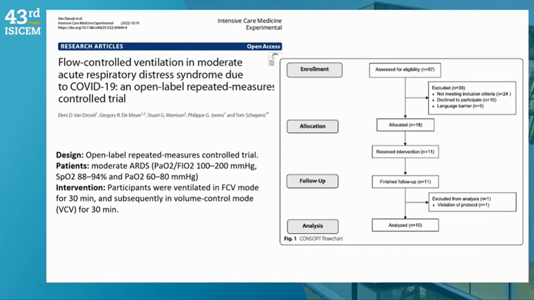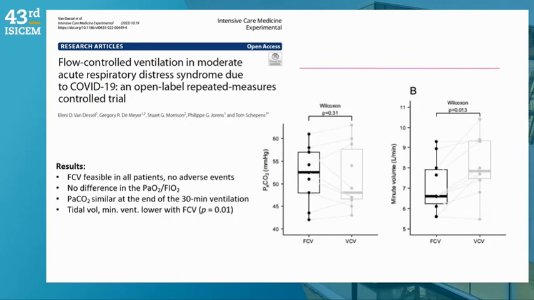Unfortunately, due to the nature of the method, you cannot use it for assisted ventilation. So it can be used only for patients who are absolutely passive. The population they picked was moderate ARDS, completely passive patients, not so huge numbers of patients, but you can see that it was feasible.